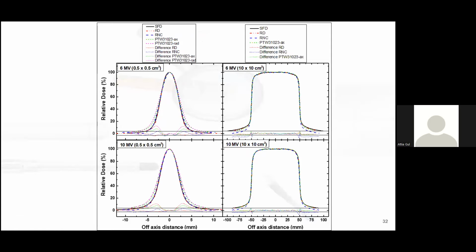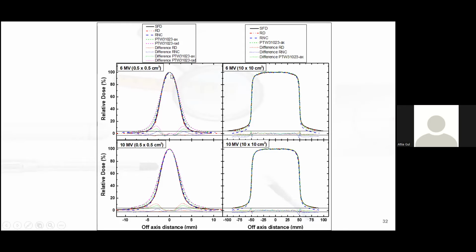This is the result of using different detectors for beam profile measurement in the smallest field size of 0.5 by 0.5 and the standard field of 10 by 10 centimeters square. For 10 by 10, we see their response difference is less than 2%.